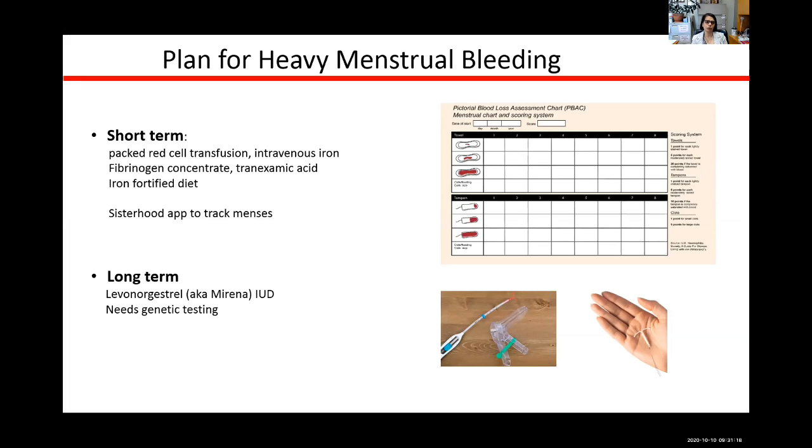Since the Mirena IUD, her bleeding has completely resolved. She's doing extremely well. We're awaiting genetic testing on her to figure out what her mutation is, because this would be important for planning future treatment regimens in case she needs something down the road.